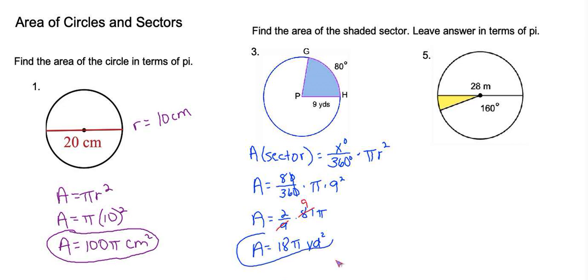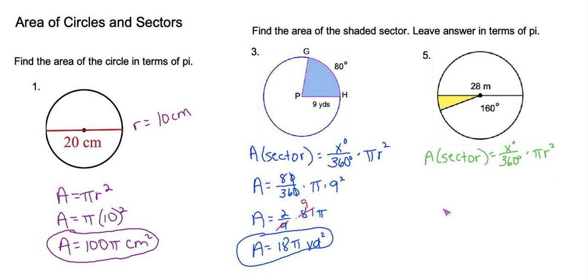Now, the last one is the same kind of problem, so let's write down our formula so we'll know what to substitute in. The area of a sector is the fraction of the circle that we're looking for, which is x over 360, times the area of the entire circle, pi r squared.